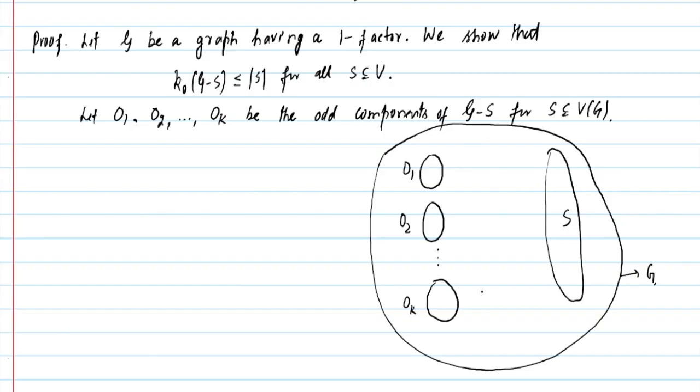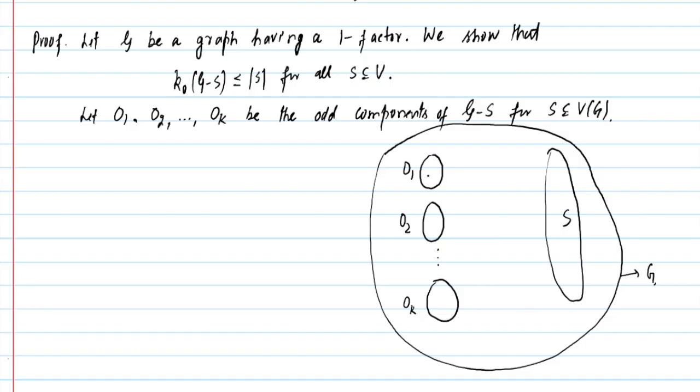Now since we are assuming that the graph G has a one-factor, that means there is a perfect matching in this graph. So there is a set of independent edges in this graph that saturate all the vertices of G. That perfect matching will in fact saturate all the vertices of these odd components.